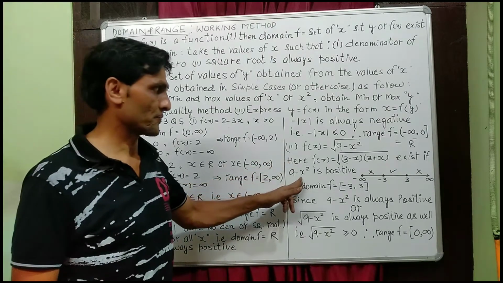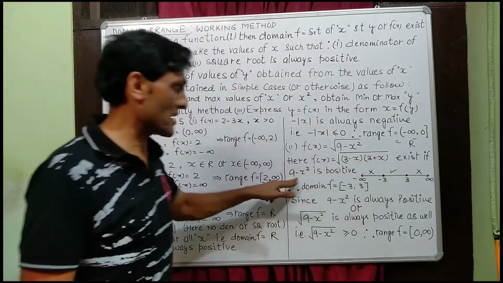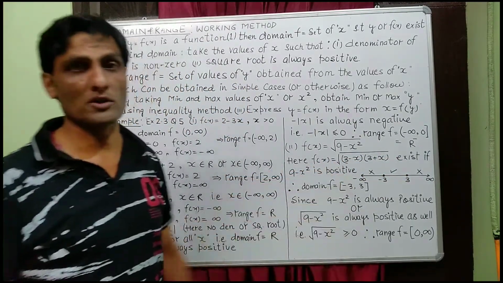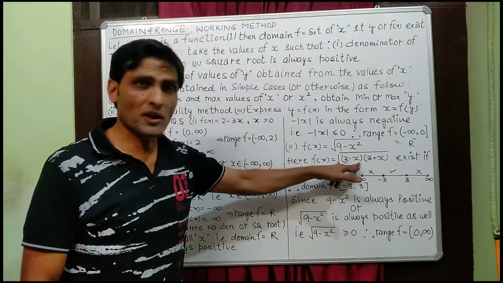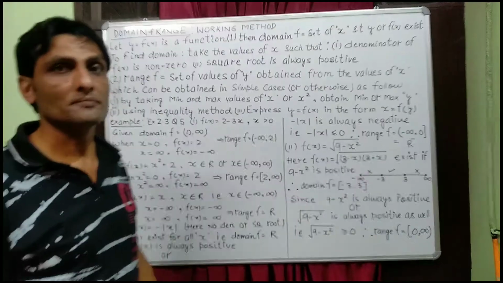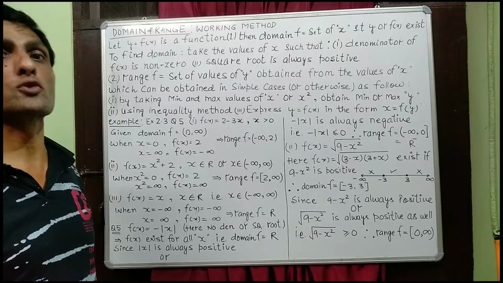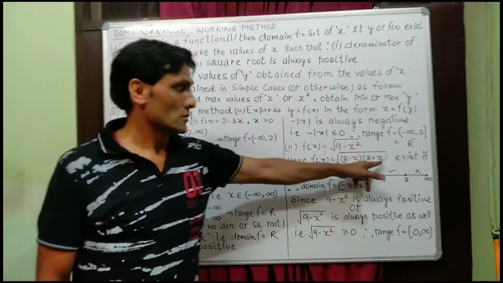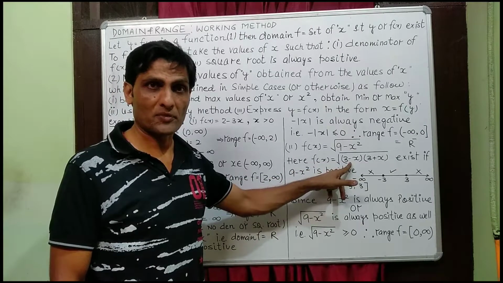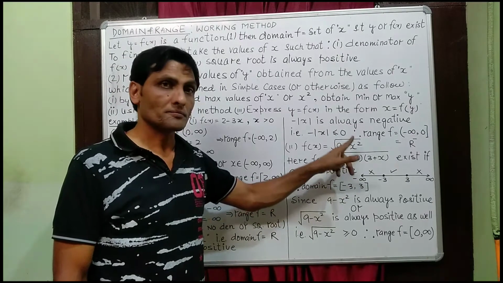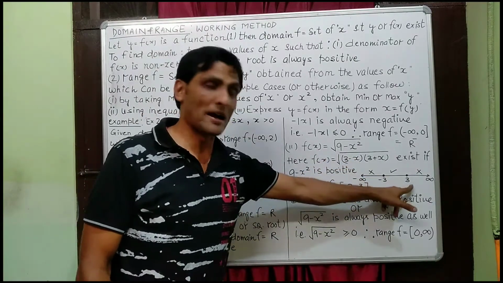So here we can say that the value of the function f(x) exists if 9 minus x square is positive. Okay. Now the value of x can be obtained by taking these values on the number line. So you know 3 minus x and 3 plus x. Here the value of the function will be 0 at 3 and minus 3.